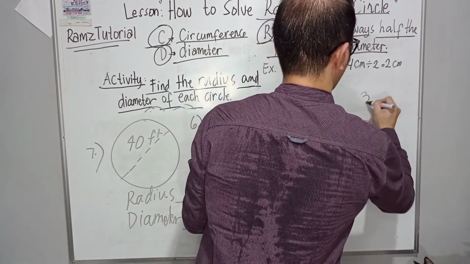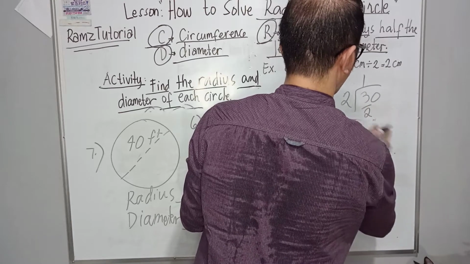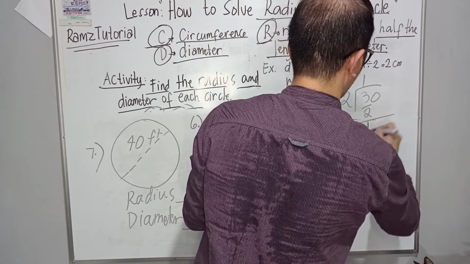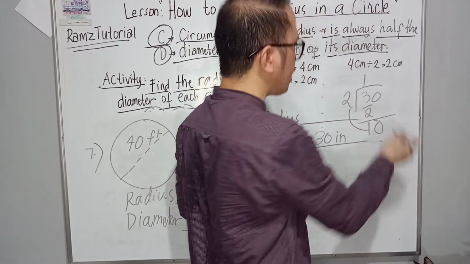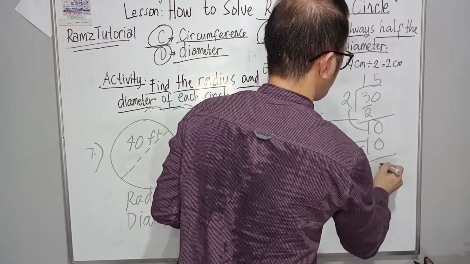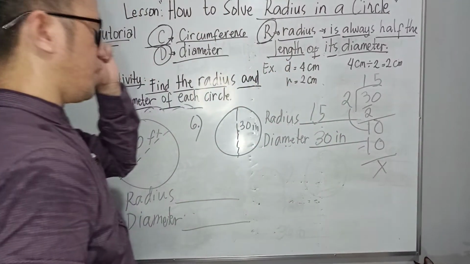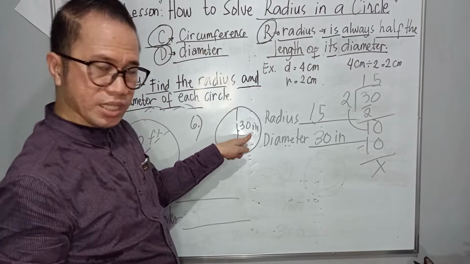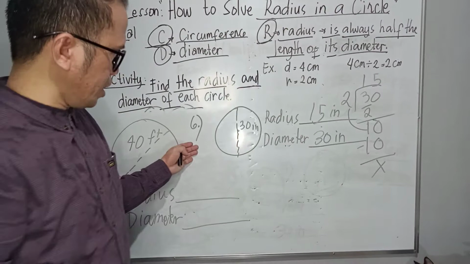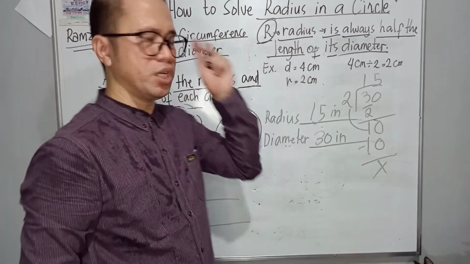So we have 30 divided by 2. 3 divided by 2 is 1, so we write here 1, then bring down 0, divide 10 by 2. 5 times 2, the answer is 15. That is the radius. And don't forget to write the unit of measure, class, inches. Our answer here for number 6, the radius, is 15 inches, and our diameter is 30, and half of this 30 is 15 inches.